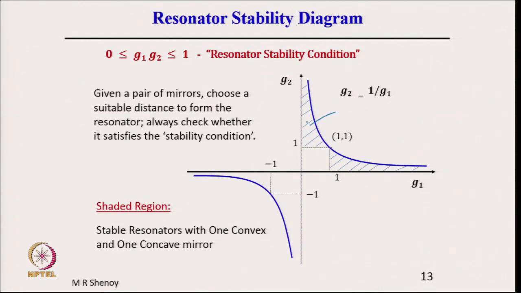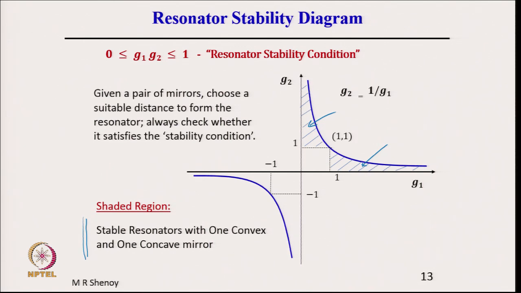The shaded region here is where G2 is greater than 1, but G1 is less than 1. Similarly, here G1 is greater than 1, but G2 is less than 1. So, the stable resonators with one convex and one concave mirror are the shaded regions here.